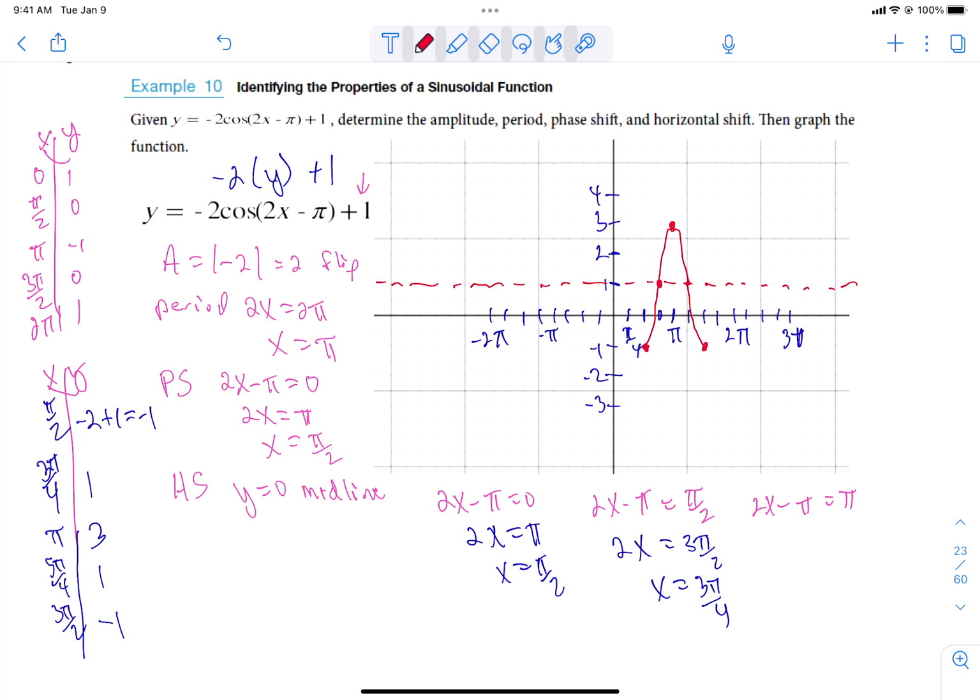Okay, and then we could keep going up, down, up. There you go. Sorry, I'm trying to go fast. I'm not good at fast here. Okay, and keep that pattern going. So there's example 10.